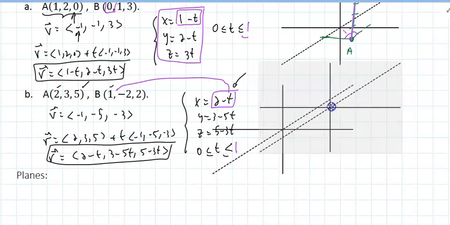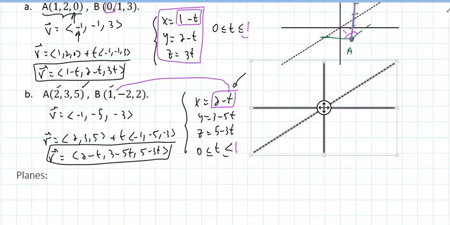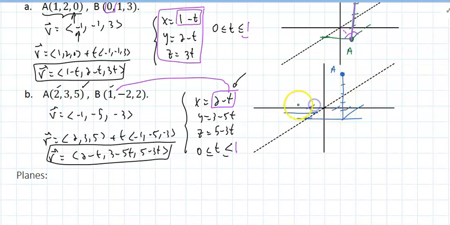If I look at the initial point, the initial point was at 2, 3, and 5. That's A. The terminal point is at 1, -2, 2.